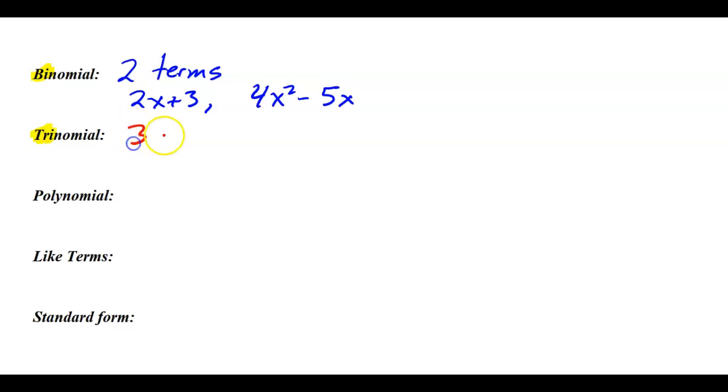So binomial would then be two terms. So 2x plus 3, 4x squared minus 5x. So basically two values with their plus or minus. Binomial, trinomial, same idea, only now three terms.